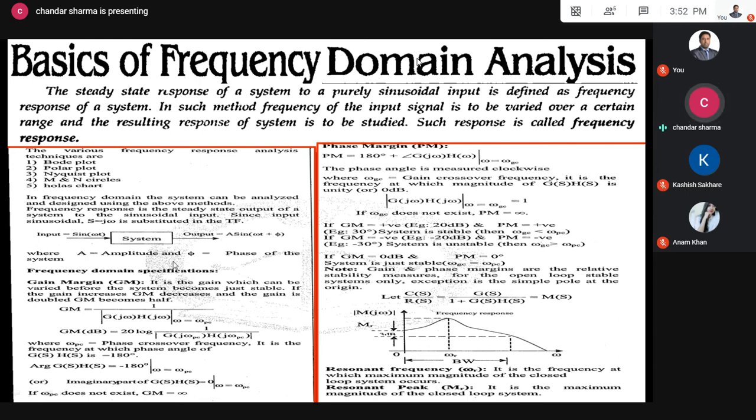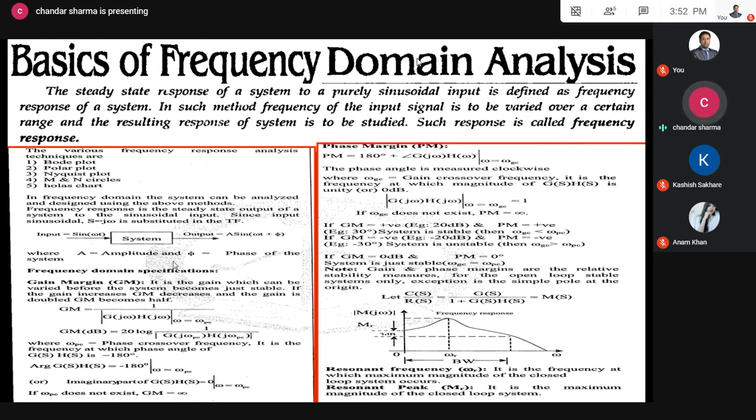Then there are certain frequency domain specifications or frequency response specifications. There is peak resonance or resonant peak. It is defined as the maximum value of the transfer function C of j omega by R of j omega.